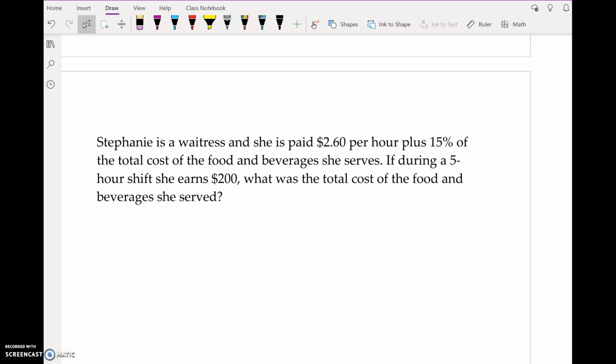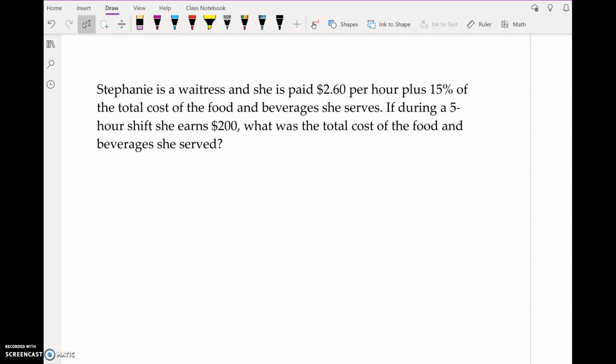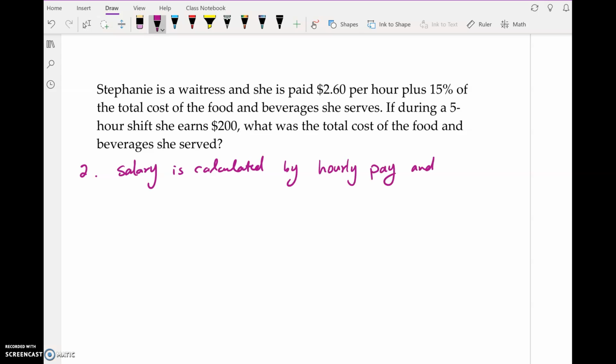Okay. Then the next one is talking about Stephanie, and in particular, it's talking about Stephanie's salary. And the salary is calculated by the hourly pay and commission from selling food and beverage.